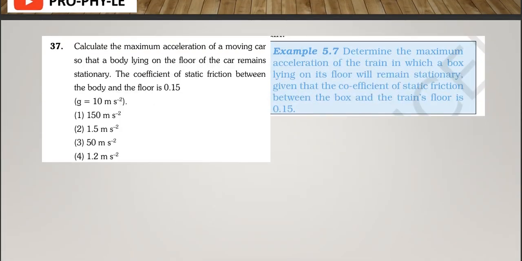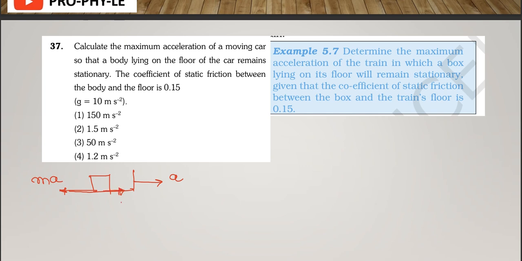Look at this next question. Calculate the maximum acceleration of a moving car so that the body lying on the floor of the car remains stationary. So there is a body that is remaining on this horizontal surface, and they are asking us to find the acceleration of the car. It experiences a pseudo force ma in the opposite direction.